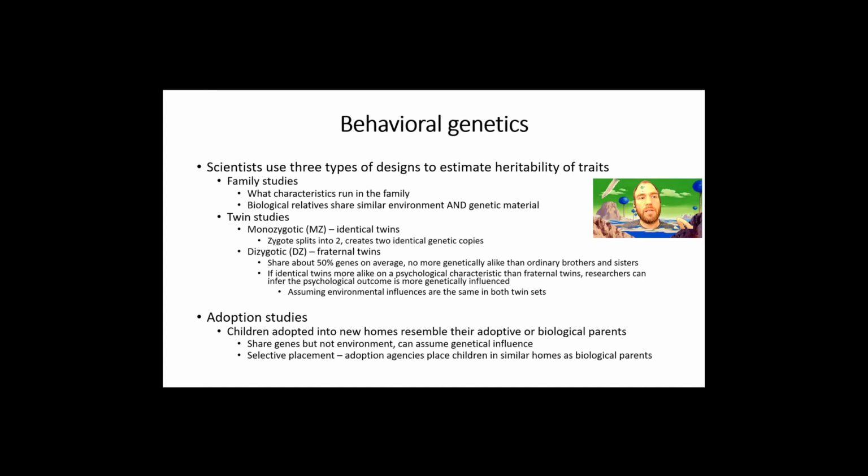So that begs the question: what is driving the differences between identical twins and fraternal twins? Is it actually genetically based, or is it the environment, because the original biological parents' home environment is being replicated in their new adoptive family's home, by design, through selective placement?